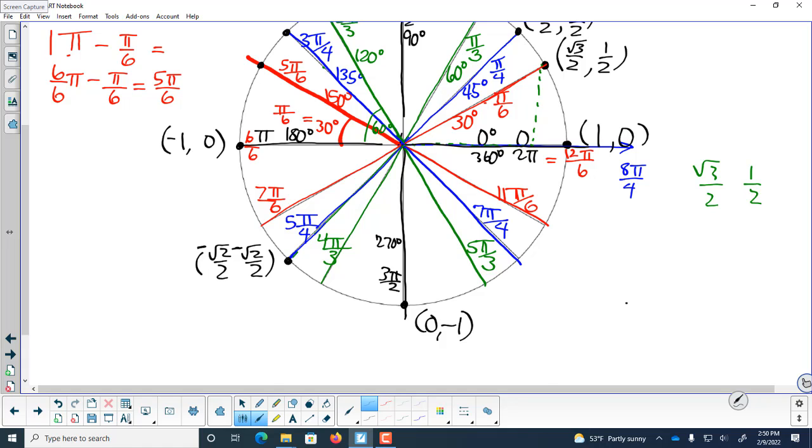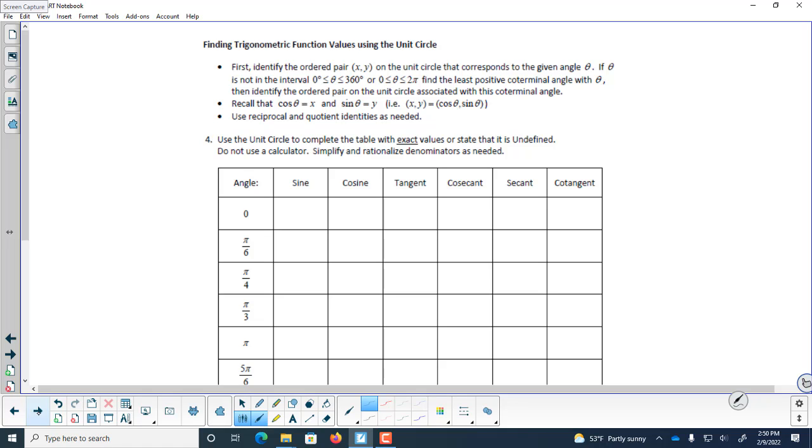Okay? I think moving down to the next part is probably more important, and then you could go back and fill this in.